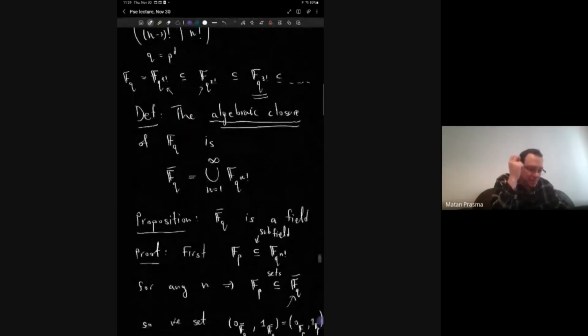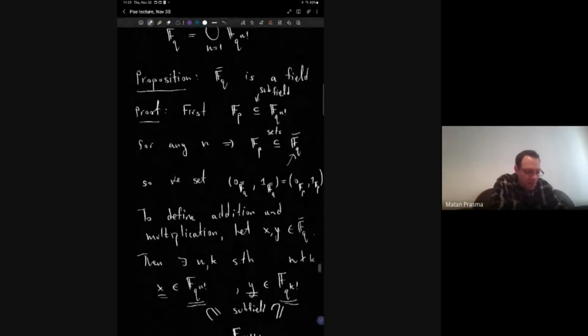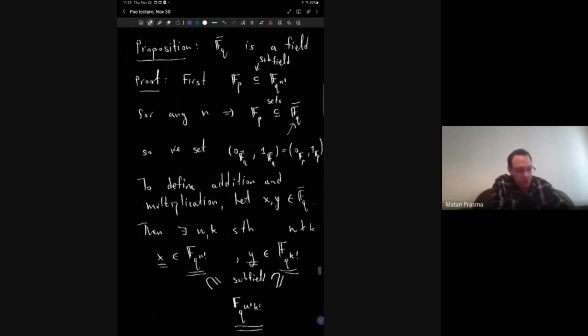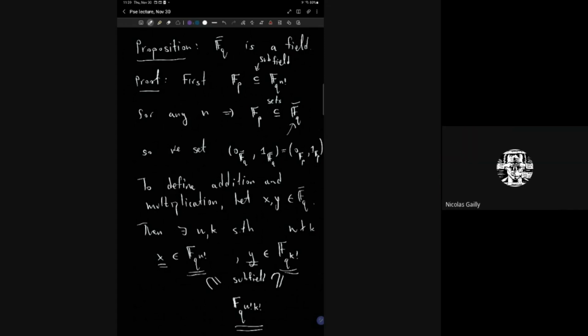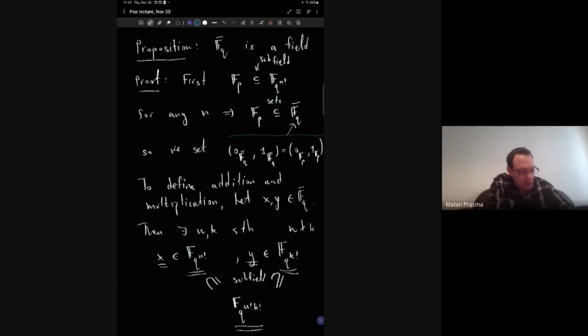To be more precise, it's because I defined the 1 in FQ bar to be this, here in the blue box. Exactly. But I also defined the operation to be the operation induced from any of the finite pieces.